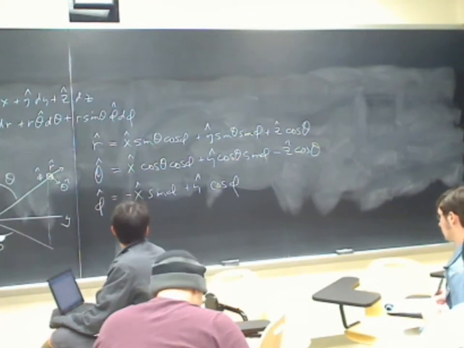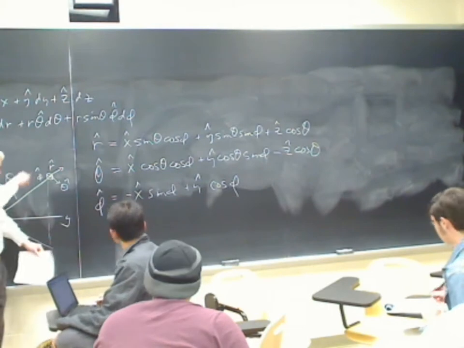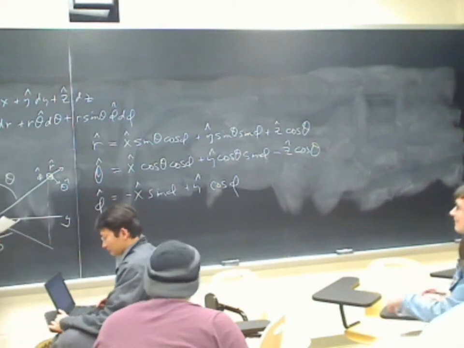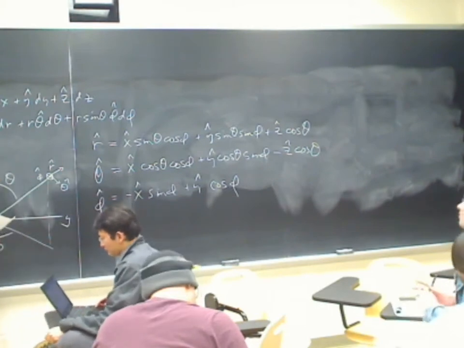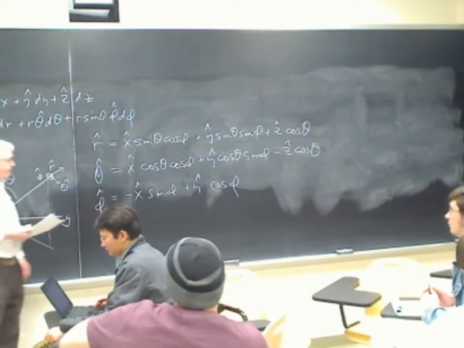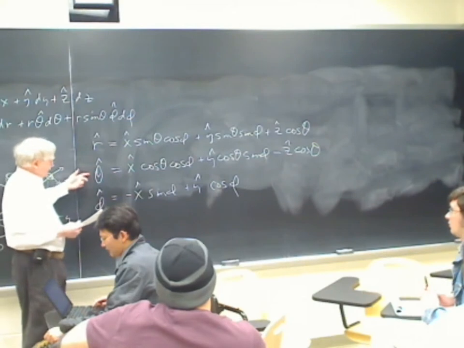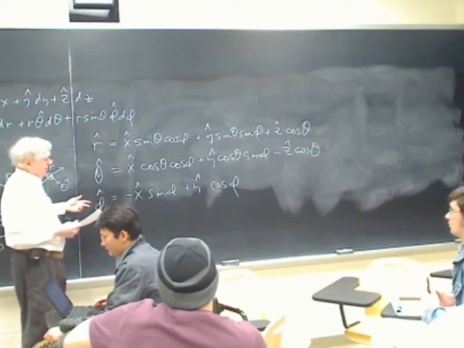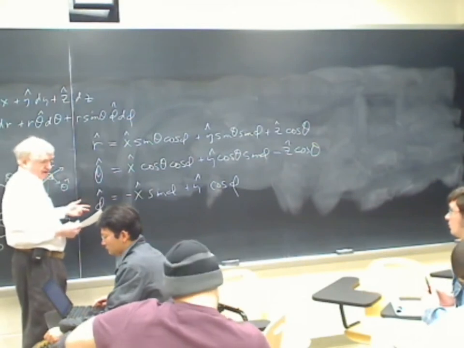You see here that phi hat, since it points that way, is perpendicular to z hat, so there's no z hat component in phi hat. You see that these three vectors are an orthonormal triplet.